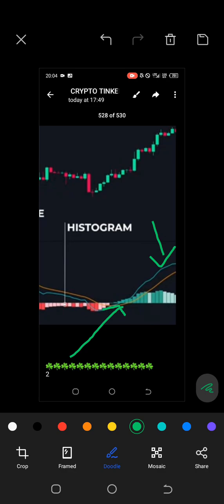So they said when it's above the signal line, the histogram will show green bars above the zero line. See, you can see the green bars. It's above the zero line. This shows that the price is in an uptrend. Simple. Don't complicate it. Don't confuse yourself. Just listen to it, make your note, and apply it. Okay.